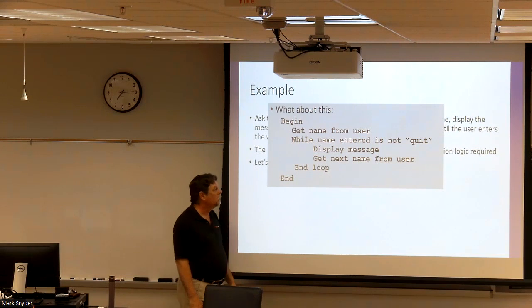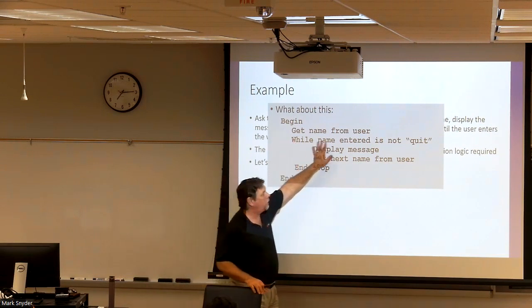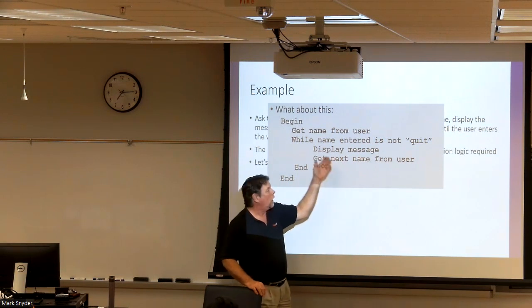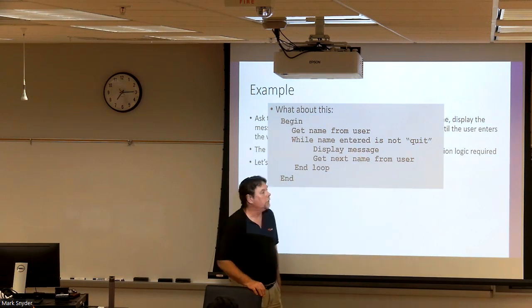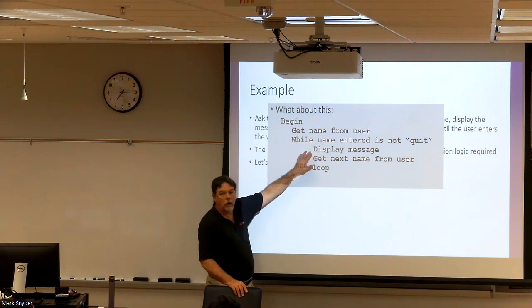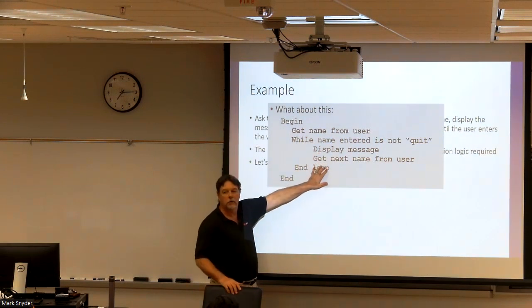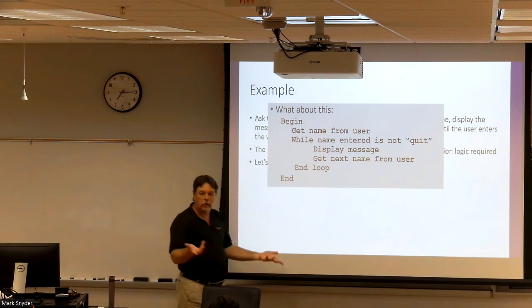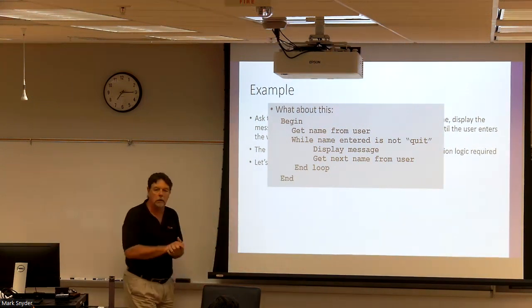I don't know, whatever. So when I say while the name they entered, I'd probably be referring to the variable name. Well, that's not equal to the word quit. Then I keep going. I display my message, and then I get another name from the user. Okay, we played. Let me get another name. Loop until they enter quit, and then I stop looping.